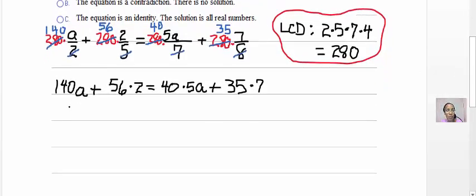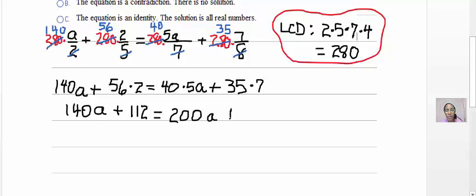So we have 140A plus 112 equals 200A plus 245.